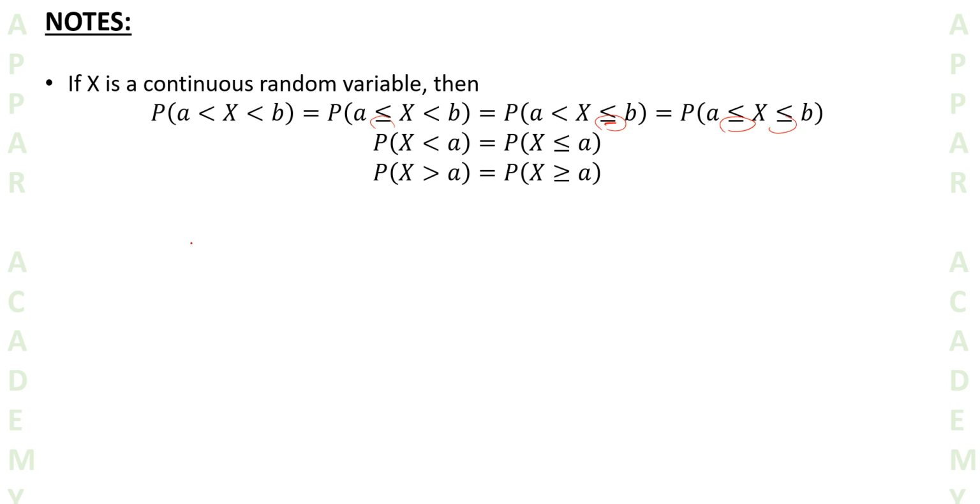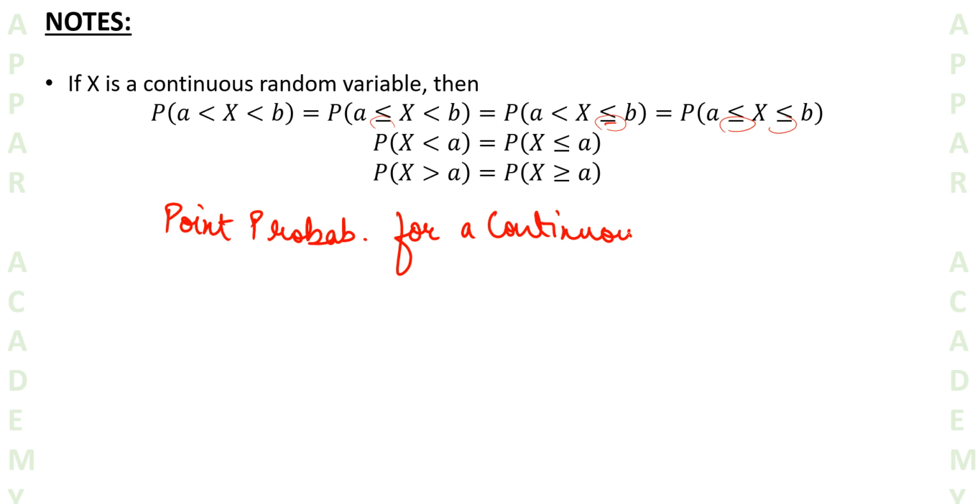Why? See, first of all, we all know that the point probability for a continuous random variable is always equal to 0. So the probability that x is equal to a is always equal to 0 because it's a point probability.